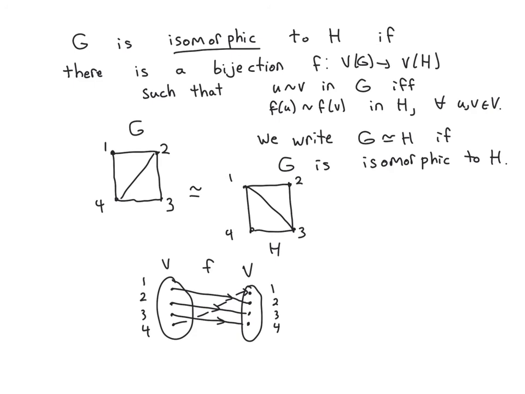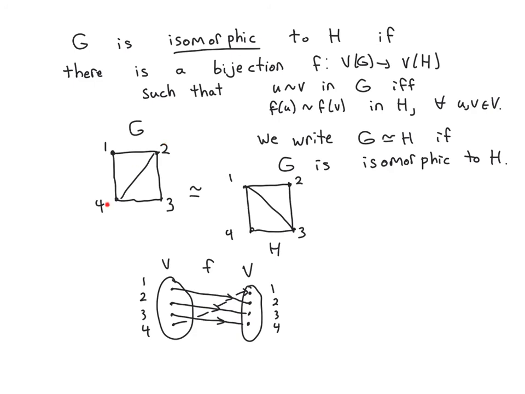You can check that edges involving numbers that are next to each other on the circle get sent to the corresponding numbers on the circle. In other words, this function just takes a number and increases it by 1, except that 4 gets sent to 1. So {1, 2} gets sent to {2, 3}, {2, 3} gets sent to {3, 4}, {3, 4} gets sent to {4, 1}, and {1, 4} gets sent to {1, 2}.